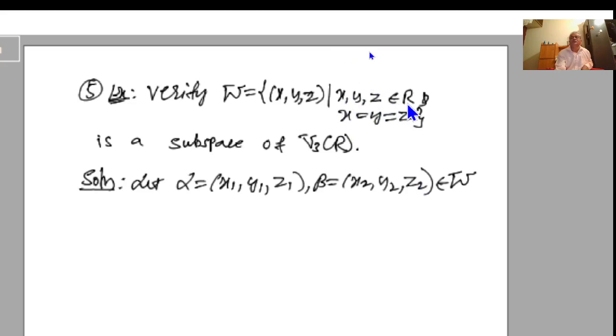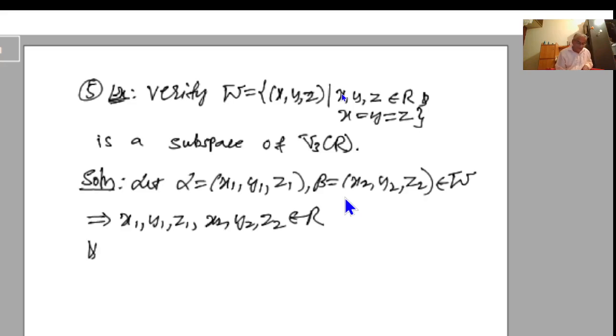So that is x, y, z belongs to R, x equal to y equal to z. This implies x1, y1, z1, x2, y2, z2 belong to R and x1 equal to y1 equal to z1 and x2 equal to y2 equal to z2.